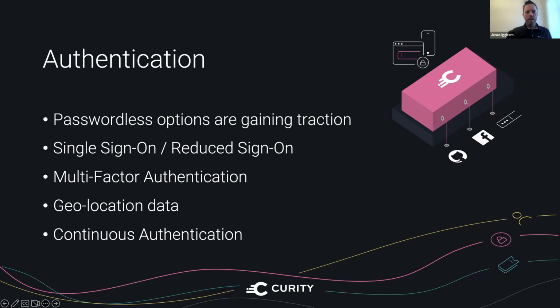And if it's detected that it is not you, it will essentially kick you out or log you out, or maybe that's when we trigger an additional stronger factor for authentication.